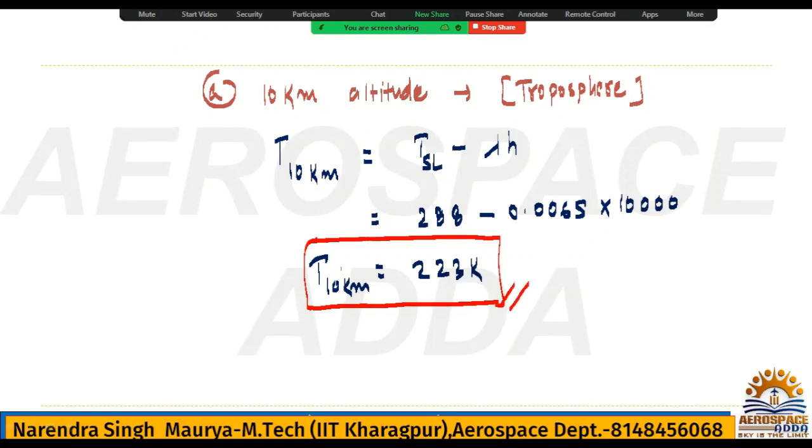Similarly, we need to calculate pressure. What is the formula for the pressure?